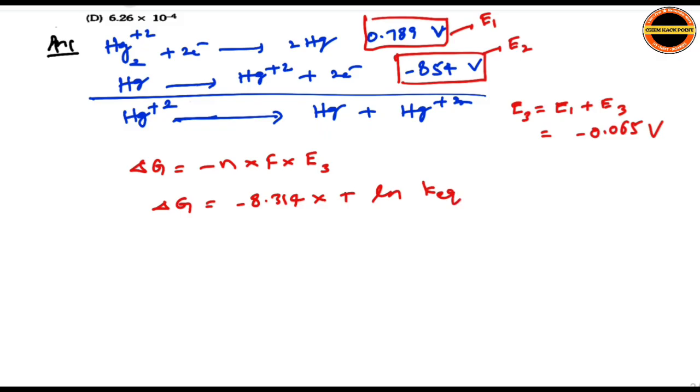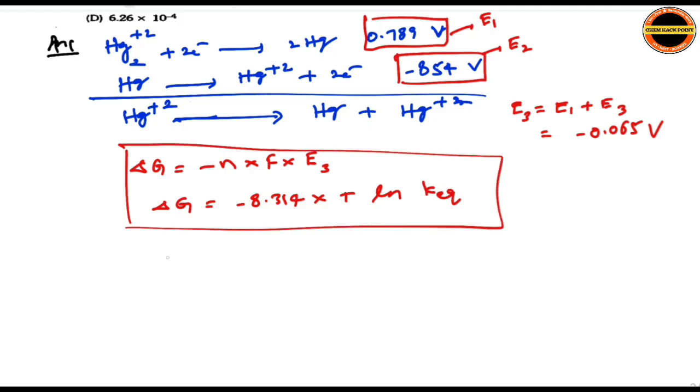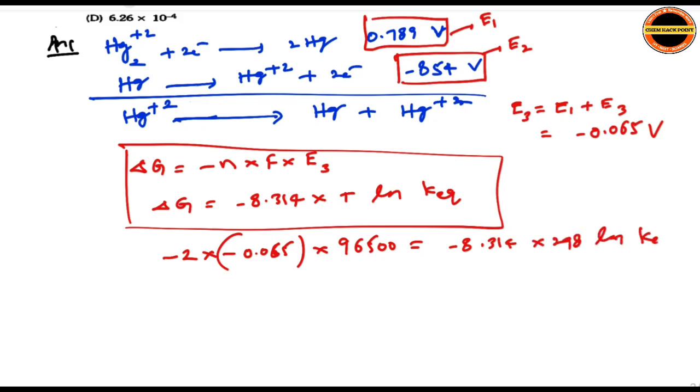So from these two, what can I write? Minus 2 into F into minus 0.065, that is the E value, and 96,500 is equal to minus 8.314 into 298 ln equilibrium constant.